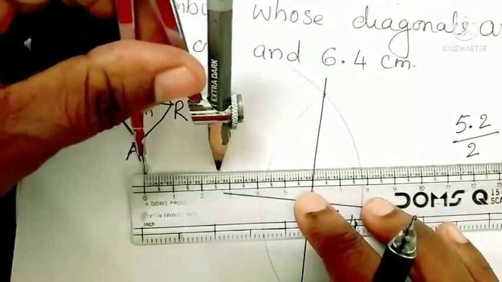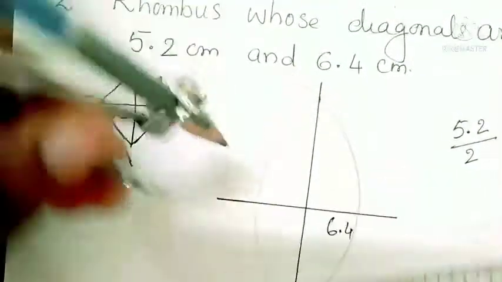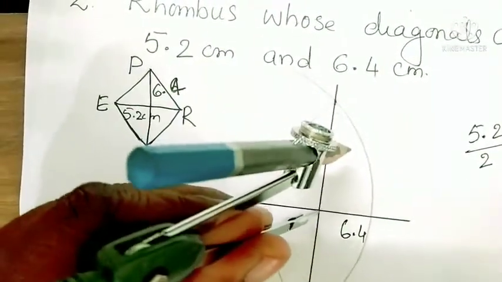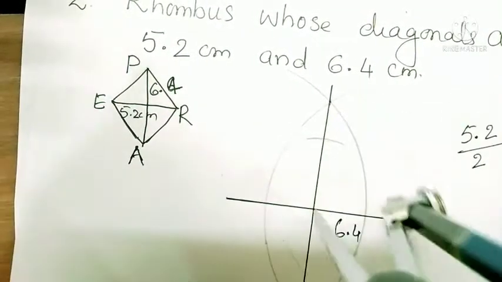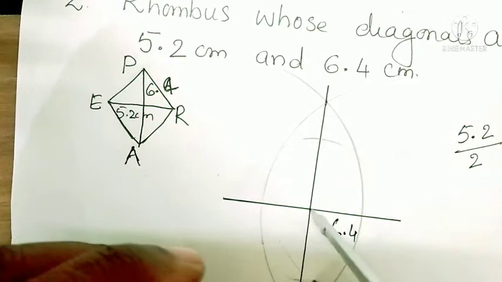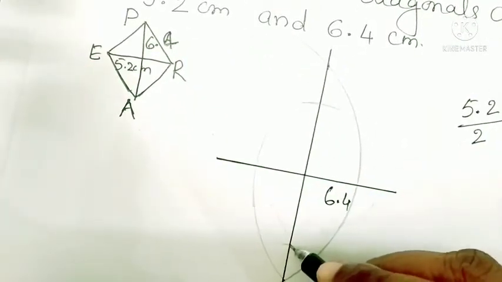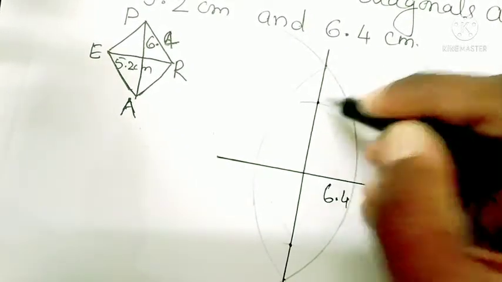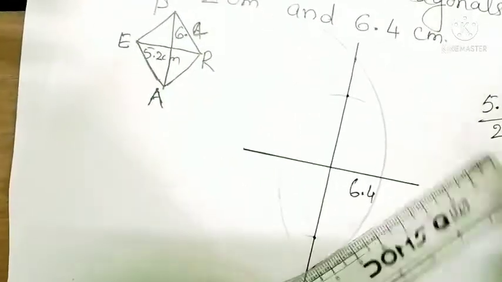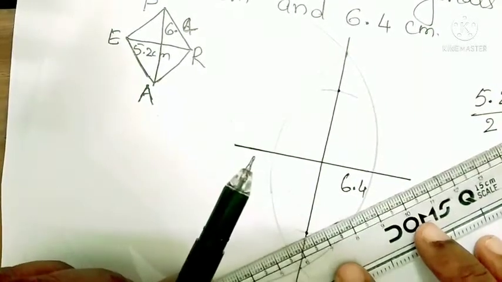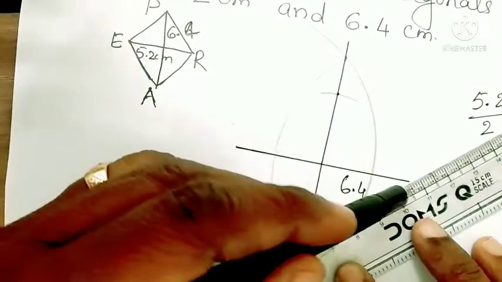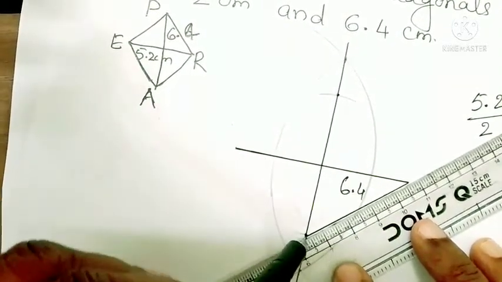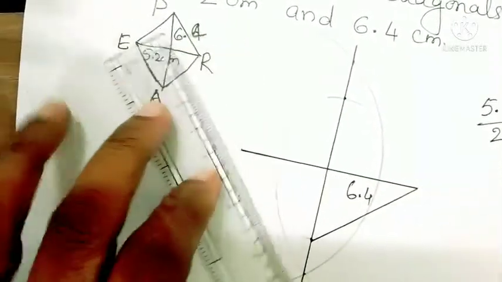See here, this is 2.6. And then from the center point, cut arc on both the sides. So wherever the arc met, you got the points, join them to the end points of the given line segment. Not line, line has no end points.